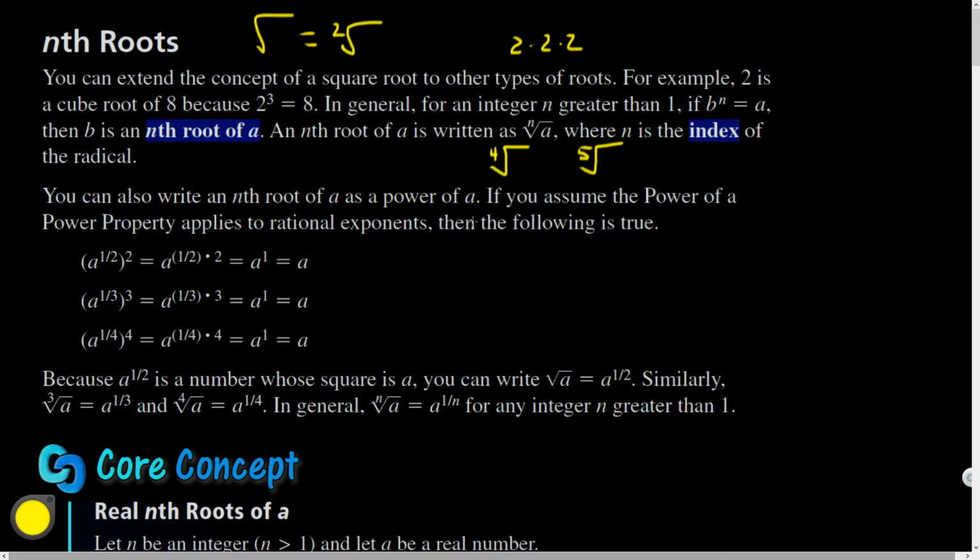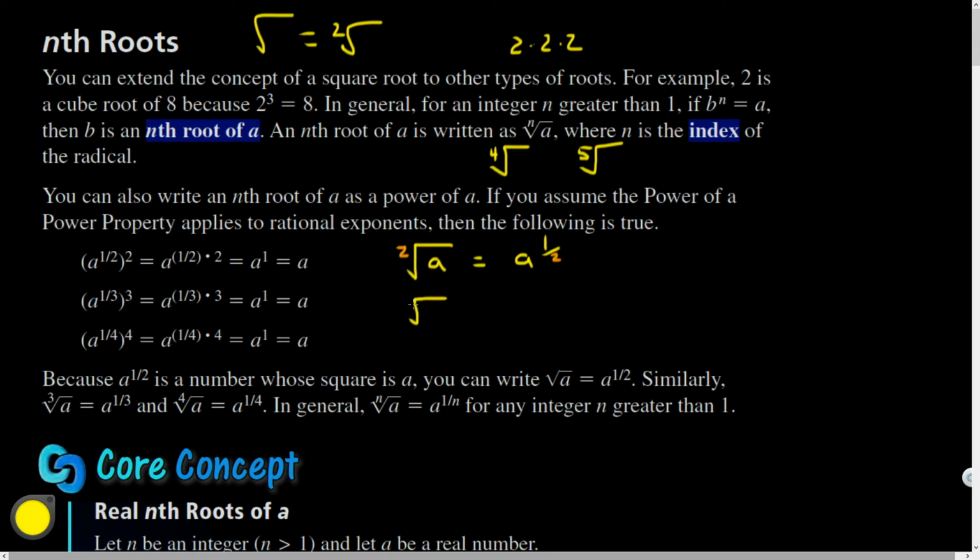You can also write an nth root as a power of a, and this is what's quite unusual: a square root of a number is the same as that number being raised to the 1/2 power. So a second root will give me a 1/2 power.